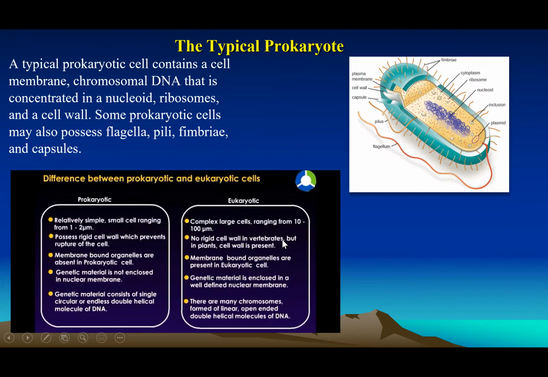However, we do see it in plants. But the main difference is the membrane-bound organelles in the eukaryotic cell, which are lacking in the prokaryotic cell. So the genetic material is not enclosed in a nuclear membrane. Usually the genetic material is like a huge loop, a big circle that is folded upon itself, whereas in eukaryotes, the DNA is organized in chromosomes.